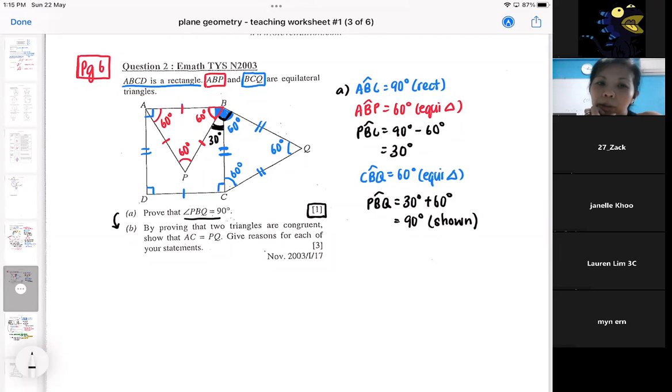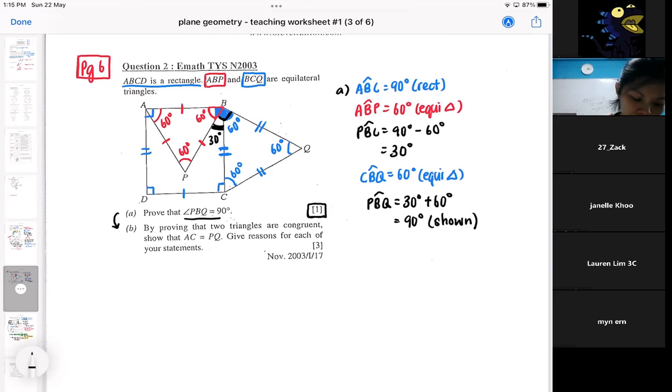Okay, so the next question. Your job is to choose 2 congruent triangles so that ultimately you can prove AC equal to PQ. You got to choose the 2 triangles yourself. So apparently you must choose the ones that comprise AC and PQ.